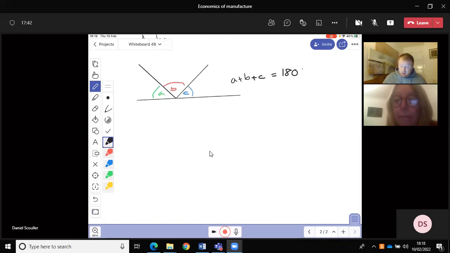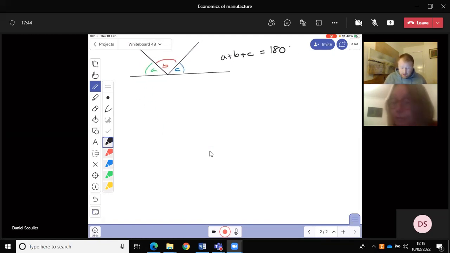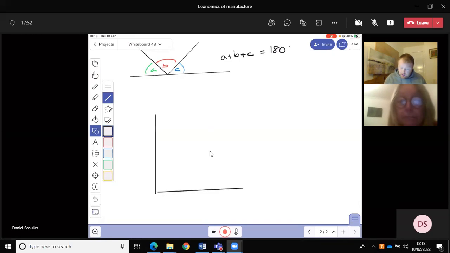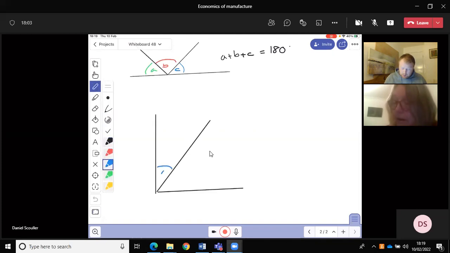That's similar to if we've got a right angle. So if we cut a right angle, that's a 90-degree angle in there. We introduce another line coming away from that same point, and we're going to have A plus B equals 90.